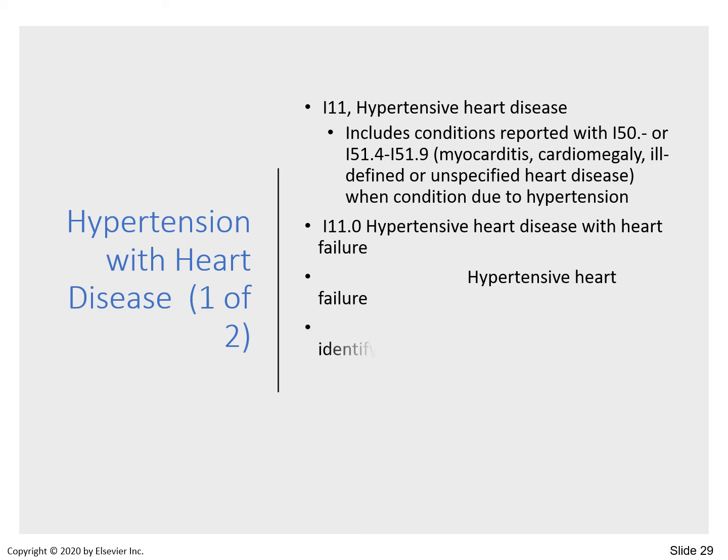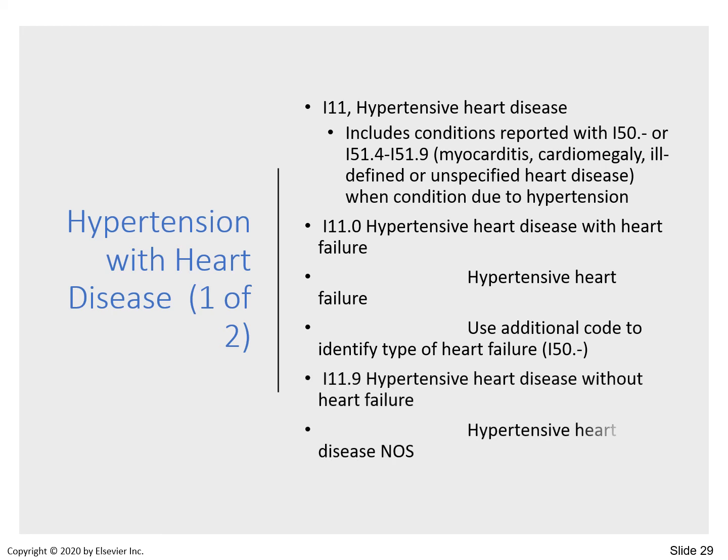Hypertensive heart disease with heart failure, we would use an additional code to identify the type of heart failure from the I50 category. So if you have hypertensive heart disease, we have a code for that without heart failure.